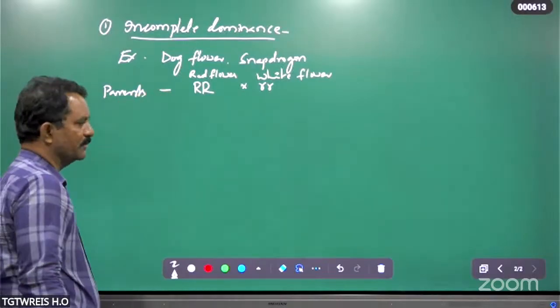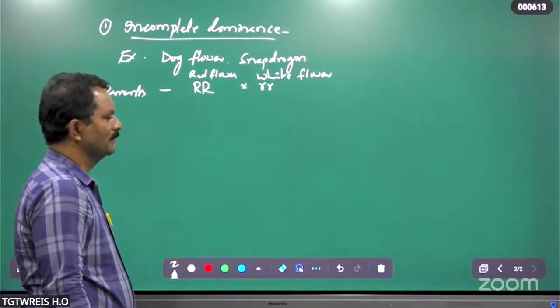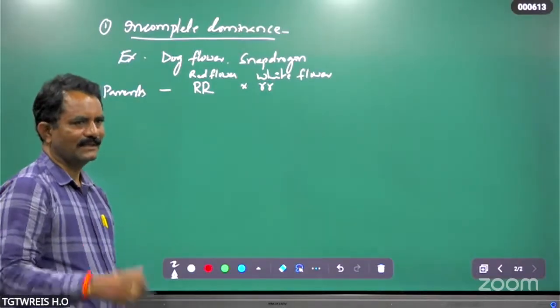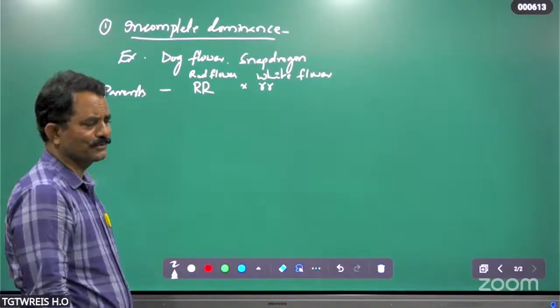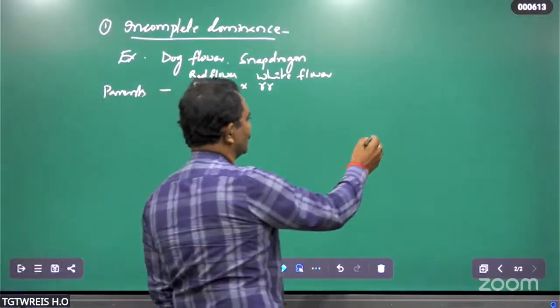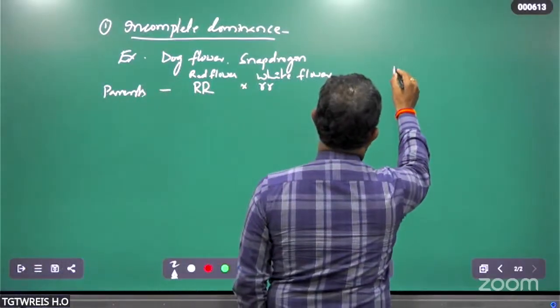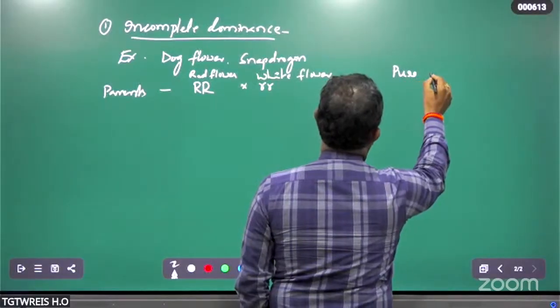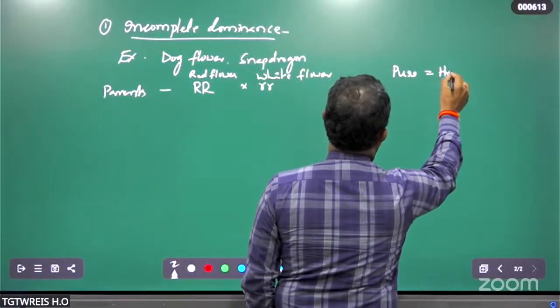Parents should be homozygous. Mendel selected the parents as homozygous, nothing but pure. Mendel always selected pure plants. Pure means homozygous.